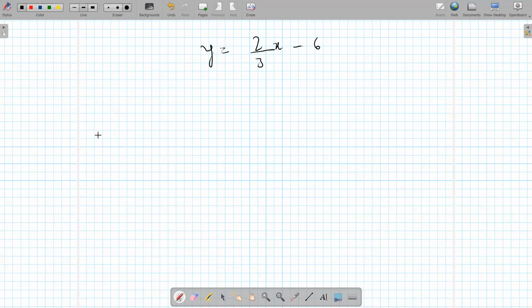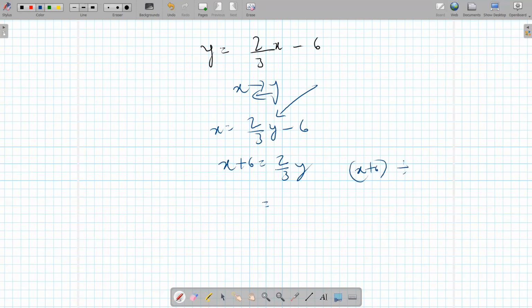Well, you interchange x and y. X becomes y. This is always the first thing you do when you solve for inverse. So this becomes x equals 2 over 3 y minus 6. Now the goal is to solve for this new y. What do we do on both sides? You add 6. What's next? You divide by 2 over 3. So we're doing x plus 6 divided by 2 over 3, right?